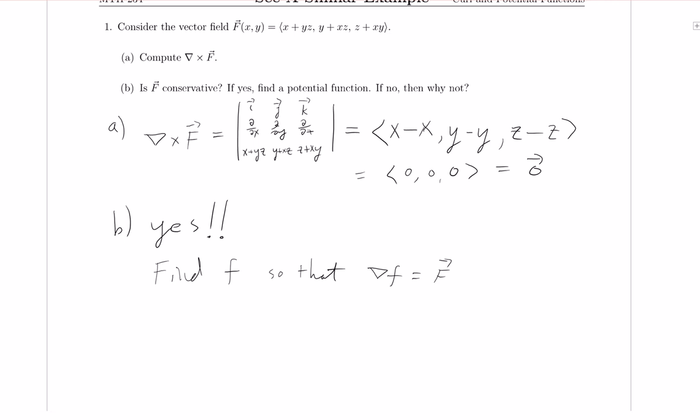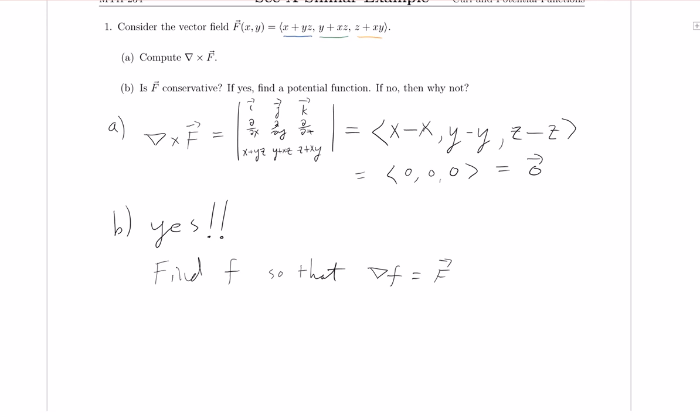So the technique here is exactly the same as the technique used before to find potential functions when we studied the fundamental theorem for line integrals. There we did it for functions of 2 variables, but the technique is the same here. We just have 3 variables now. So we want a function so that these three components of F are the derivatives of the function.